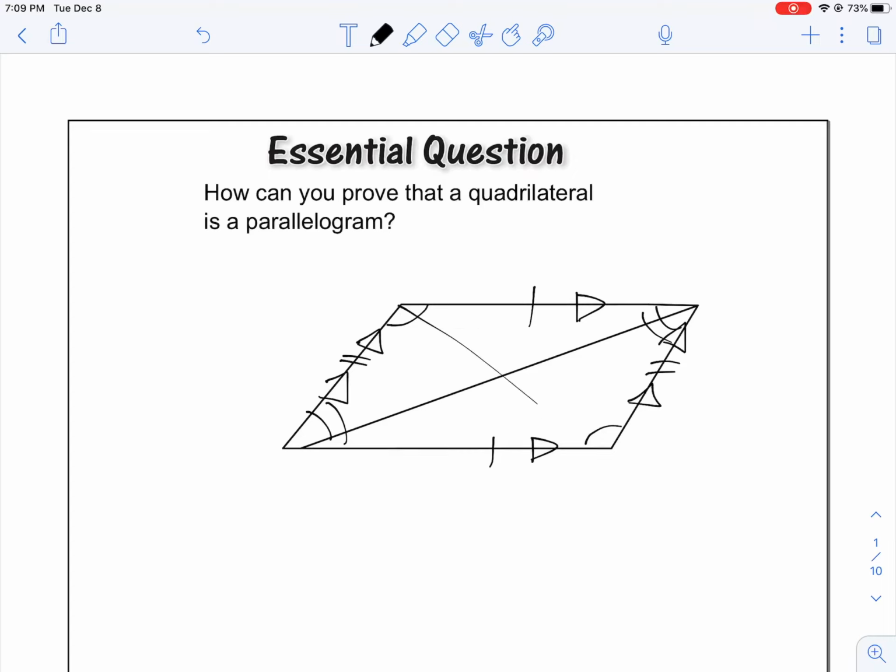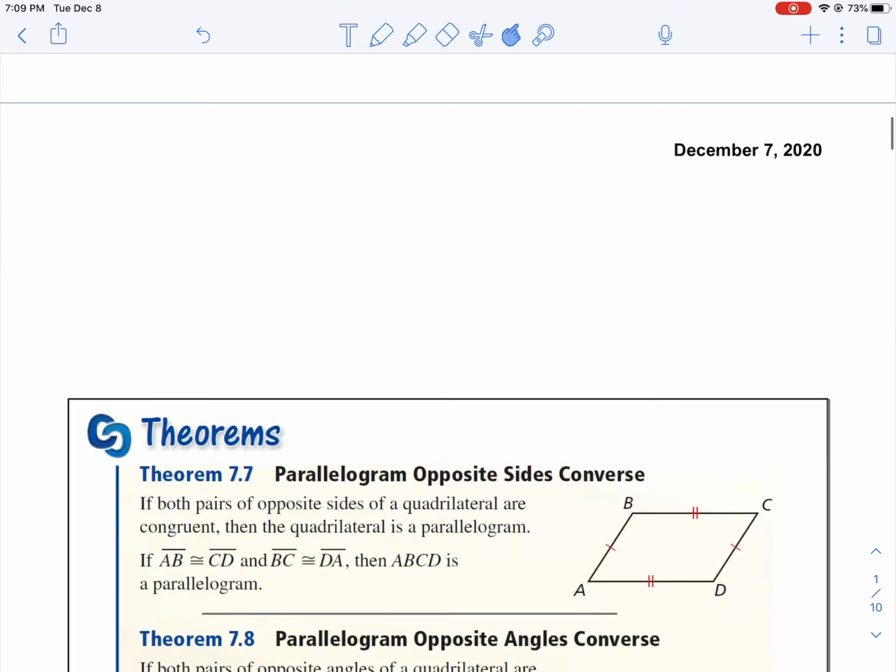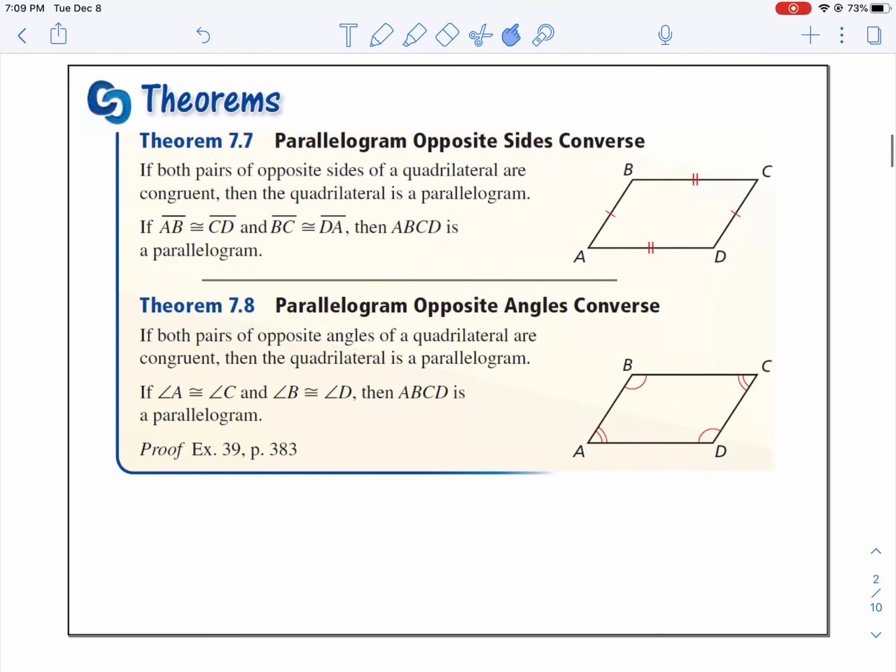So, let's look at that and use the things we know from last video to help us solve some new things. Two ways to prove it. You prove that the opposite sides are equal, or you can prove that the opposite angles are equal.